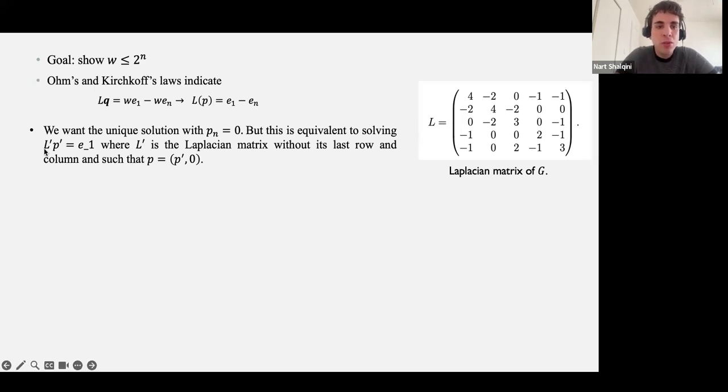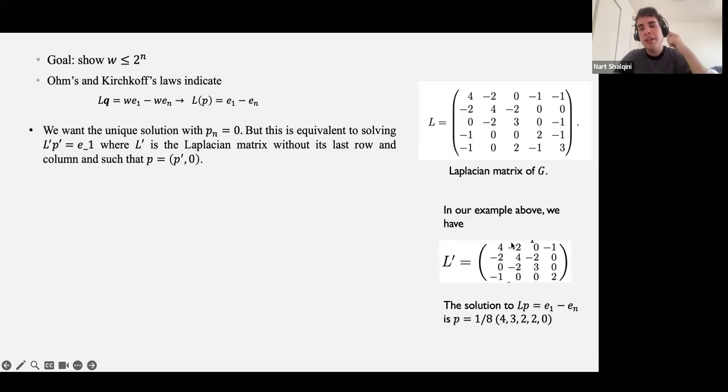But this is equivalent to solving L prime P prime equals E1, where L prime is the Laplacian matrix without its last row and column, and P prime is just the first m minus 1 components of P. So in our example, I would have L prime if I truncate this matrix, removing the last row and column.